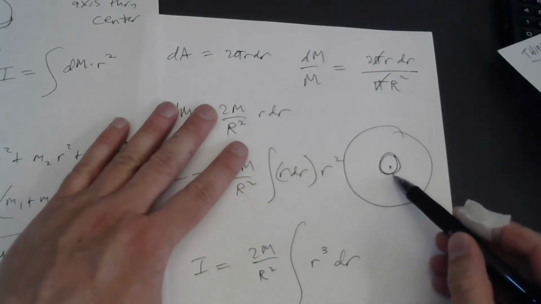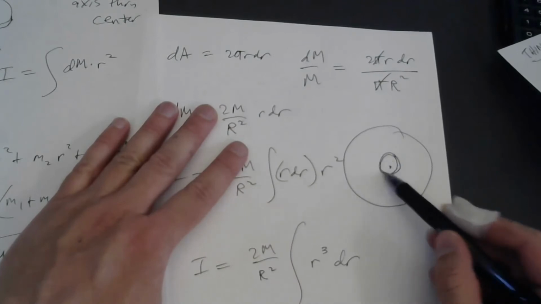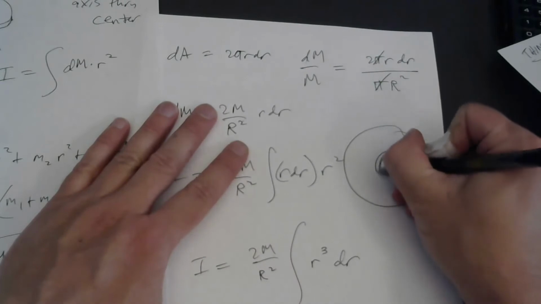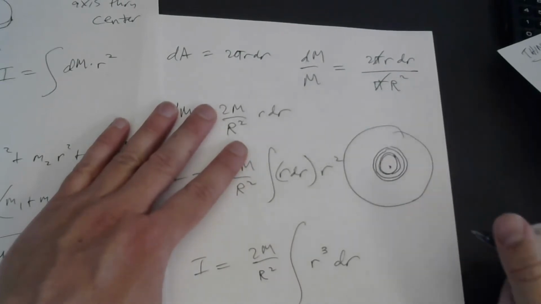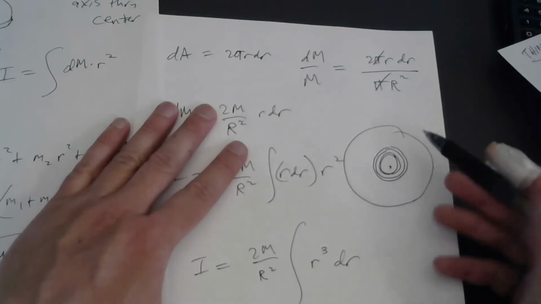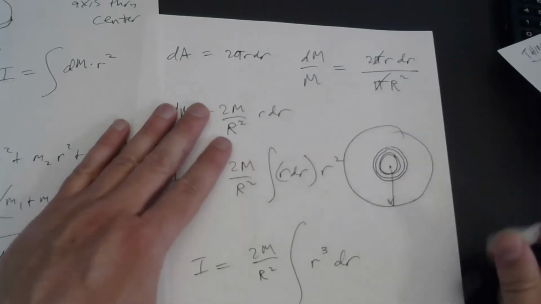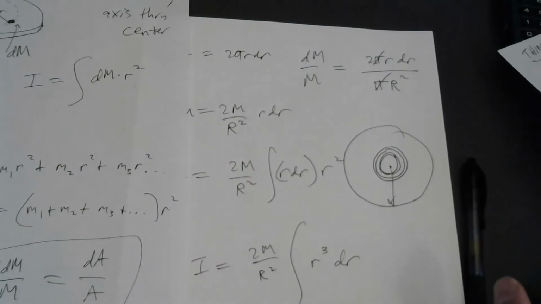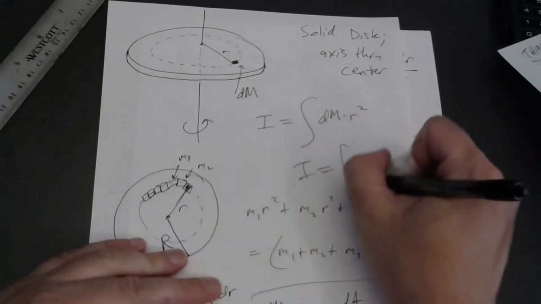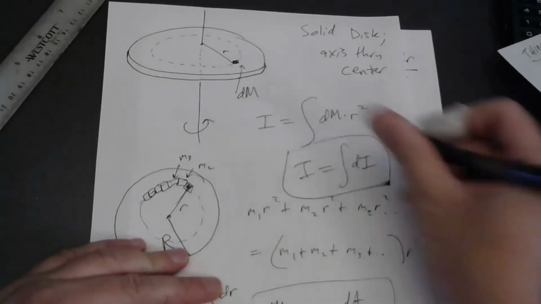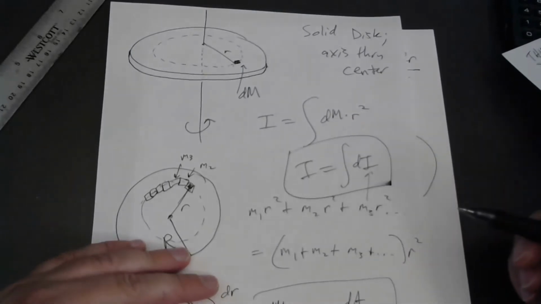We imagined a hoop of infinitesimal thickness dr, find its moment of inertia, then go out to the next hoop of slightly greater radius, find its moment of inertia, and so on until we get to the edge. So you're really taking the moment of inertia of each hoop and stacking up all those hoops, summing up their moments of inertia. I could have even just said this. Total moment of inertia is the integral of dI, where dI is the moment of inertia of each hoop.